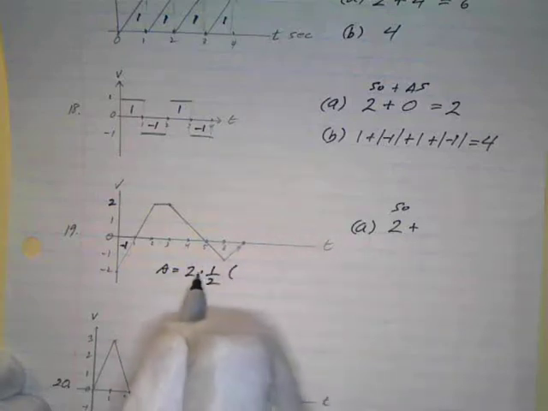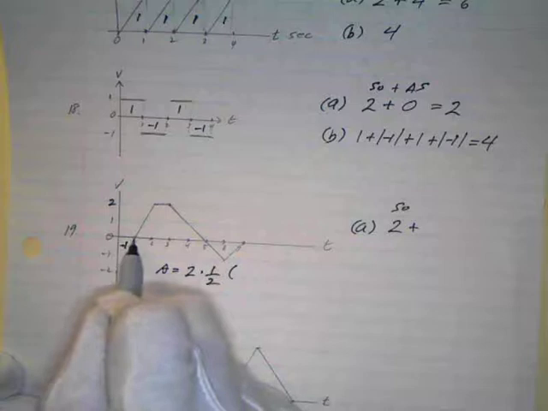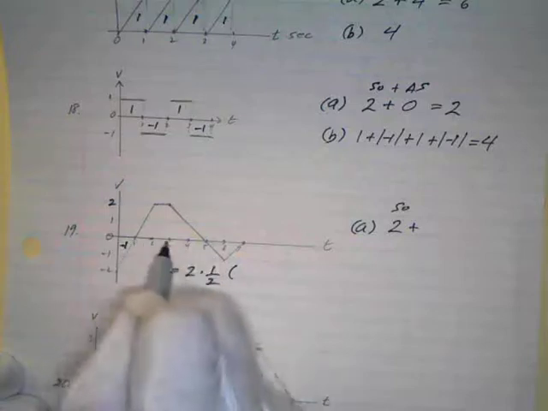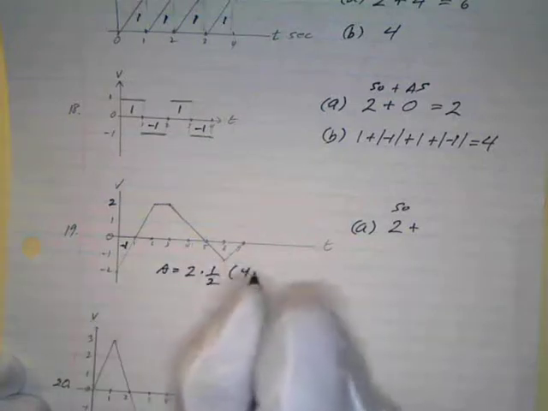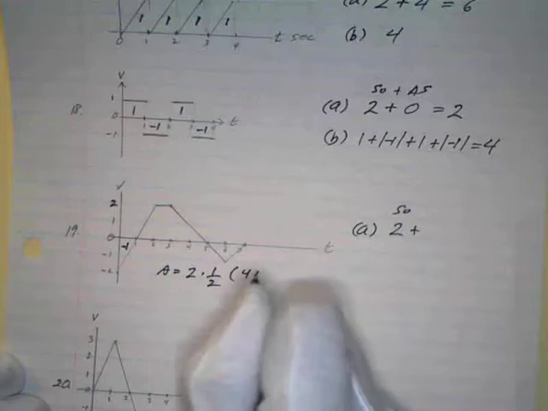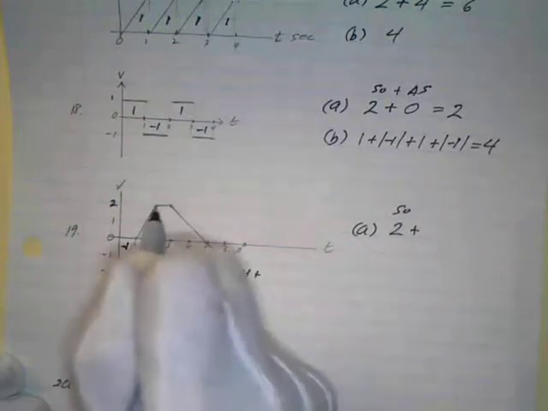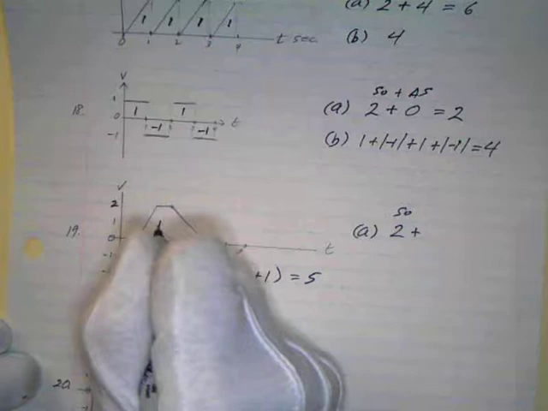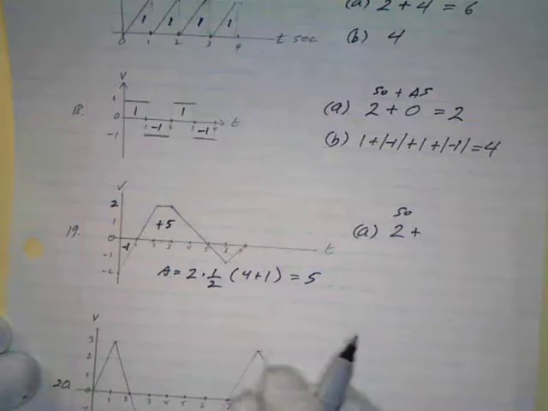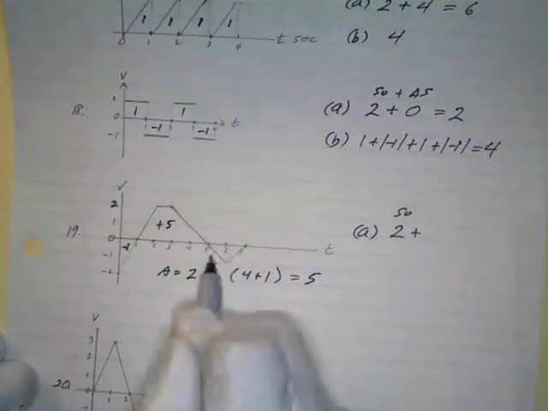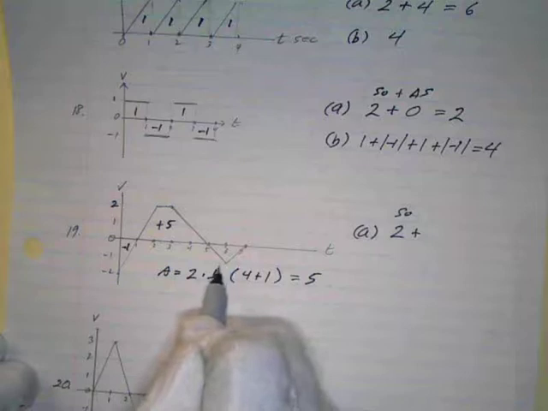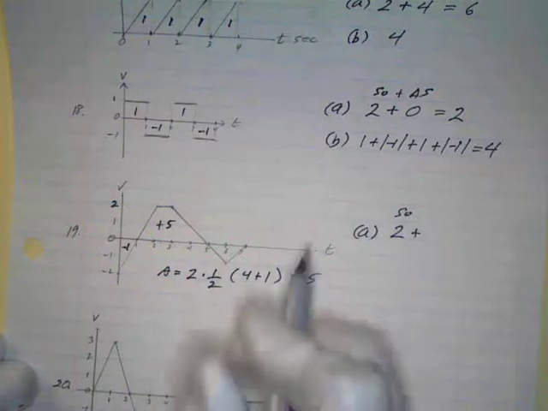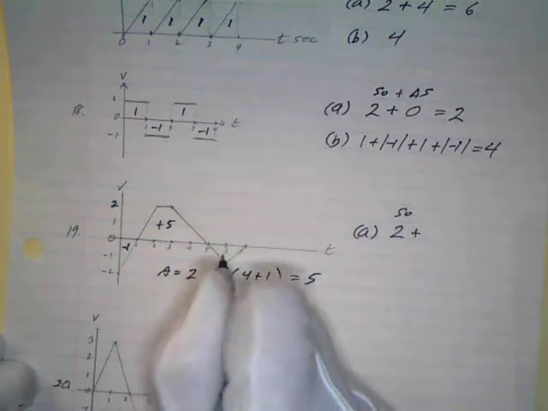My base 1 is 1, these are the parallel sides, 1, 2, 3, 4, plus this base, which is just from 2 to 3, 1, so that's going to be 5. So this will be positive 5. And then this triangle here, this is a 2 by 1, so this is going to be 1/2 times 2, which is another negative 1.